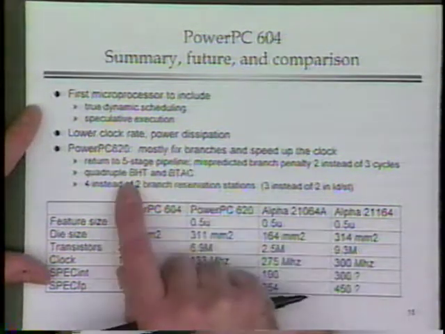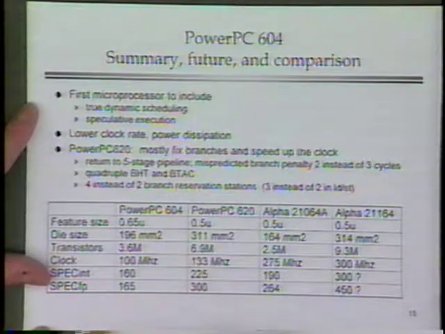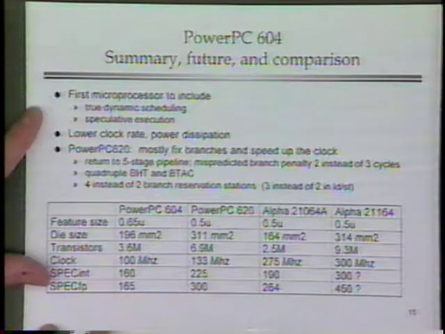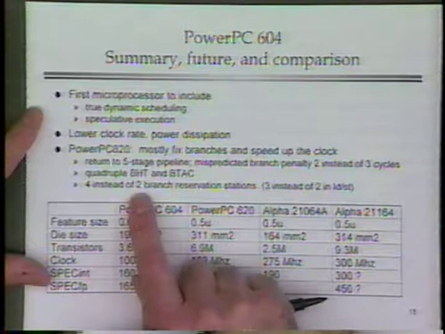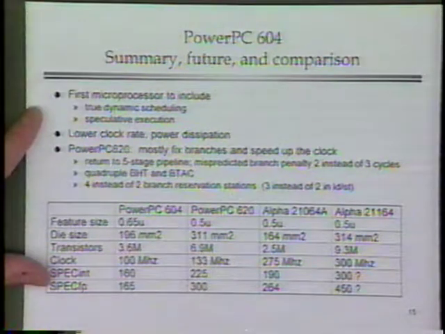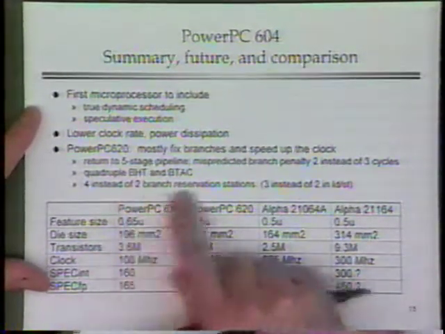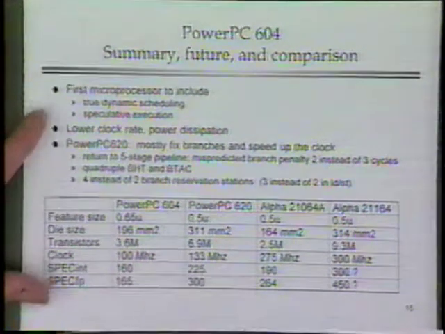As a way to make branches go faster, they're quadrupling the size of the branch structures, the branch target and the branch hit structure. They allow 4 reservation stations instead of 2 for a lot of the functional units. The same algorithms, basically, a kind of standard next generation, make everything a little bit bigger and faster.